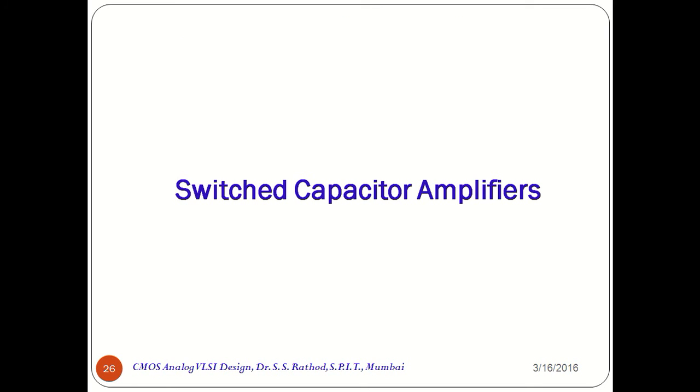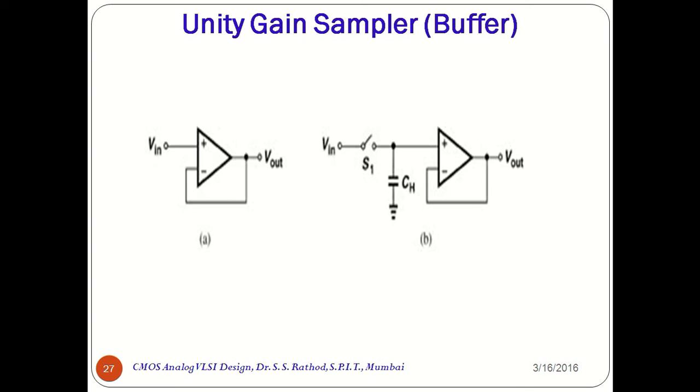Now let us study the switched-capacitor amplifier circuits. What we have studied up till now is exactly what sampling circuits are, the motivation behind going for sampling circuits, then what a sample-and-hold circuit is and what an amplifier is. Then we discussed the speed considerations for these switches, whether we should go for NMOS, PMOS or a transmission gate switch, and identified their limitations.